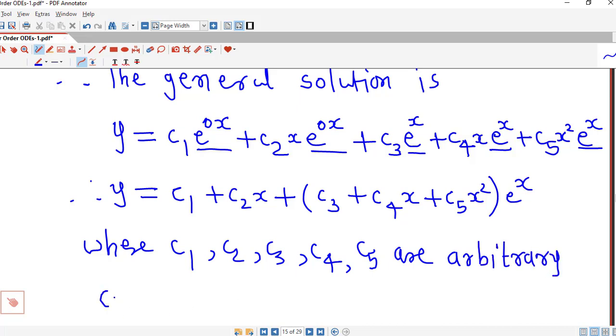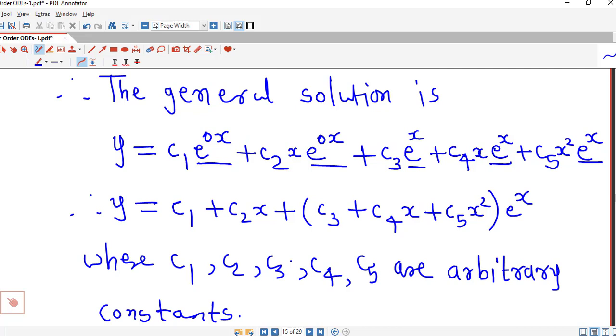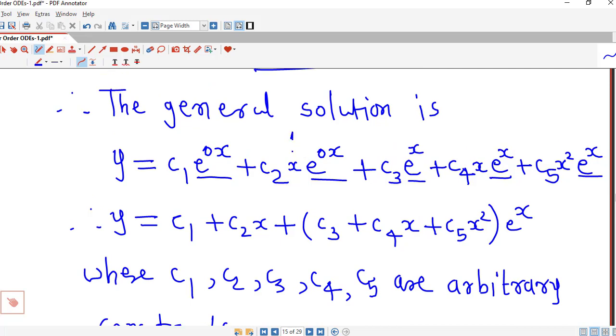So this is the general solution in the case of repeated roots. So we should take care of these things. If these two are equal, to make them different we have multiplied by x. Similarly here e raised to x is repeated 3 times, so we keep on multiplying up to second power of x.